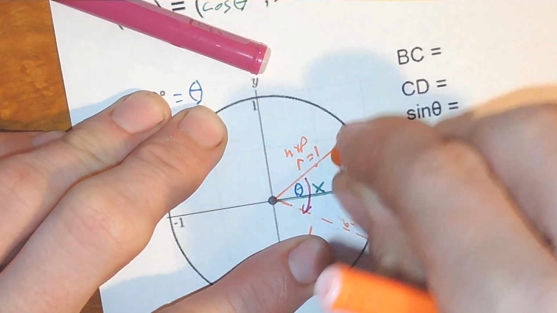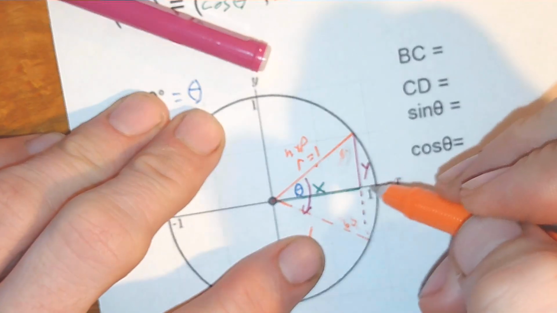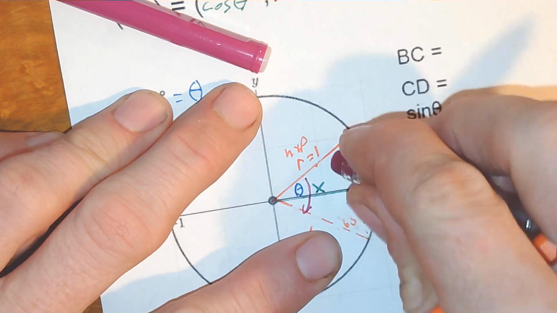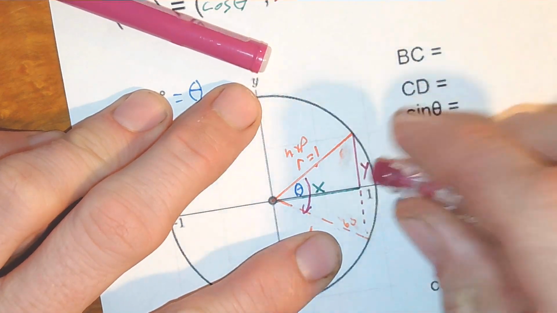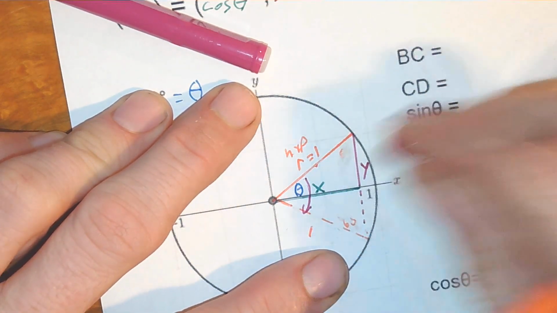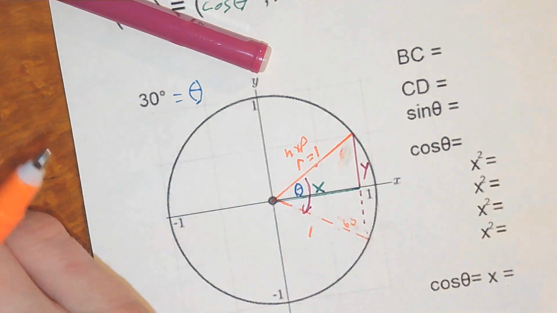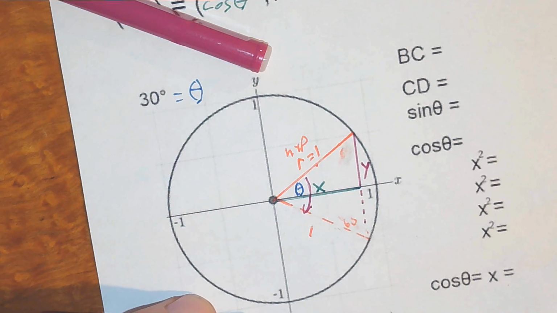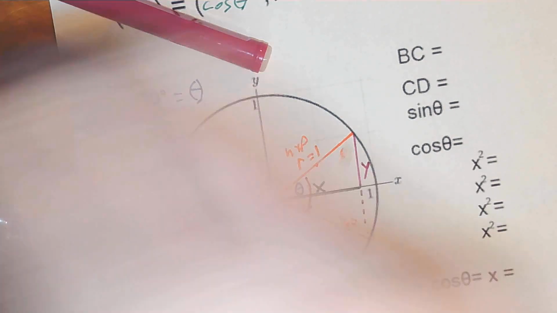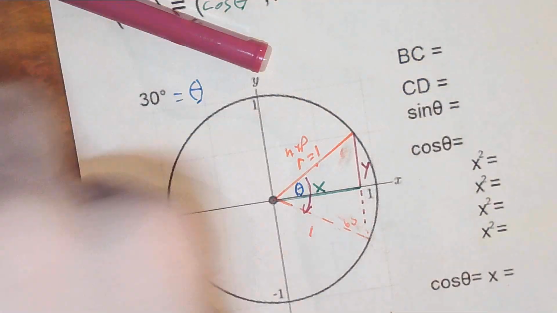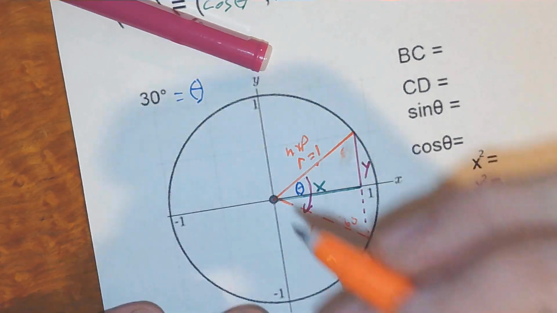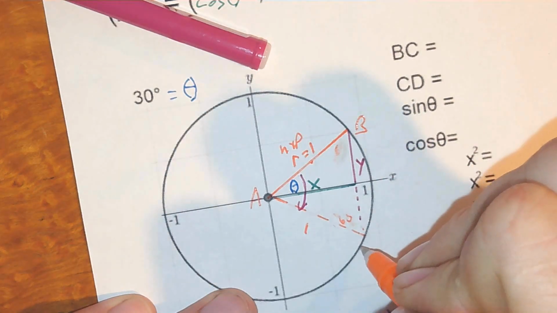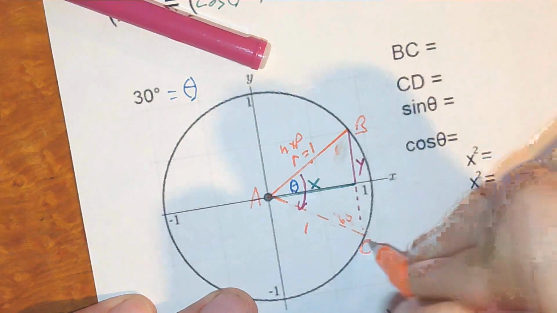And then therefore it would make y. What would be the value of y? Well, y would be half of r, right? So let's label this triangle A, B, C, and D.